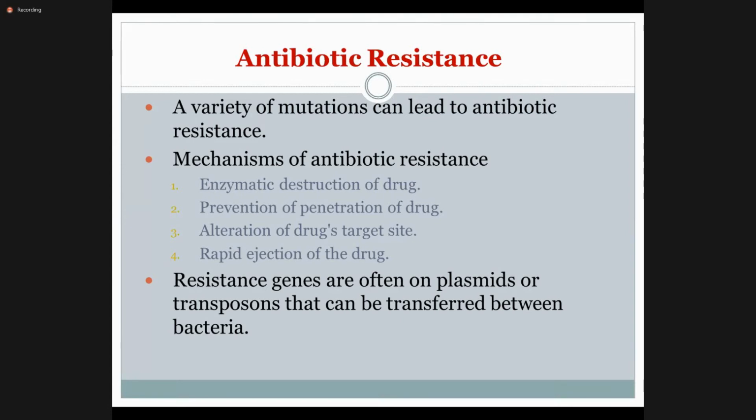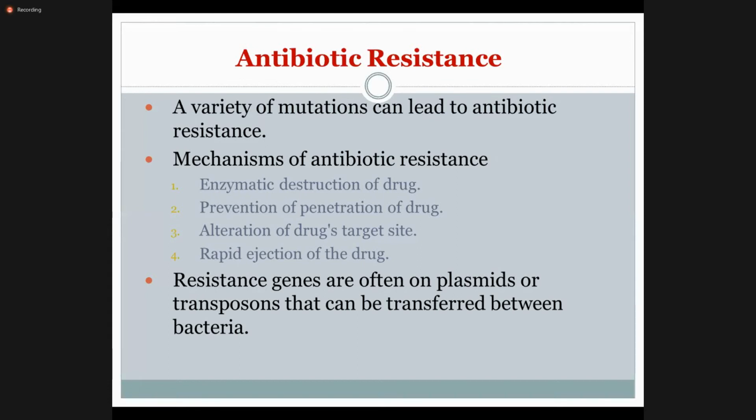So a variety of alterations or mutations can lead to antibiotic resistance. Of the mechanisms of antibiotic resistance, one is the enzymatic destruction of the drug. Now, this is one of the important abilities, right?